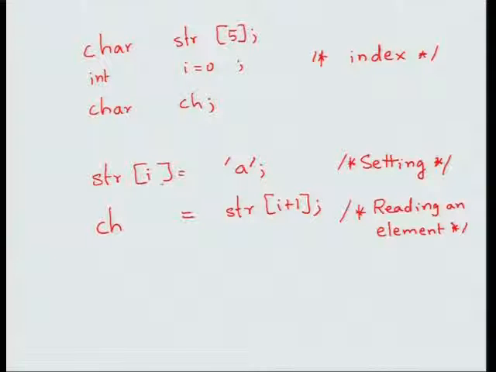Since I is 0, this will set the 0th element in the array to character a. Similarly, if I say ch equal to str I plus 1, it will take whatever is in the first cell in str of 1 and assign it to the variable ch. Okay. So we can set a particular element in an array like this. Similarly, we can also read the value in an element and then assign it to something else. So these are possible with the help of an array.